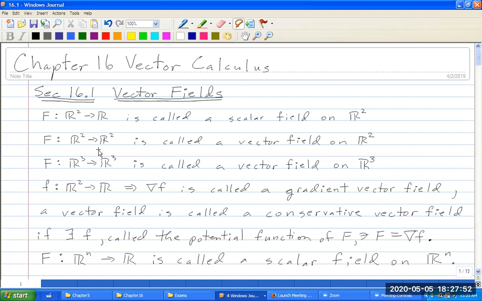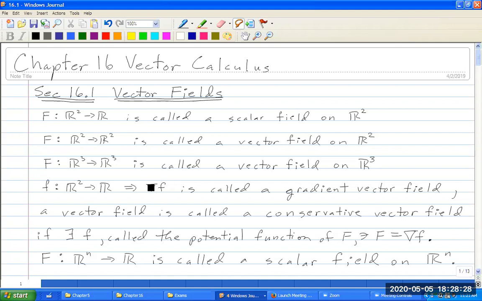From R3 to R3, well, that's a vector field on R3. So in general, if I have a function f going from R2 to R, then the gradient of f will be a vector that is associated with every point in the plane.